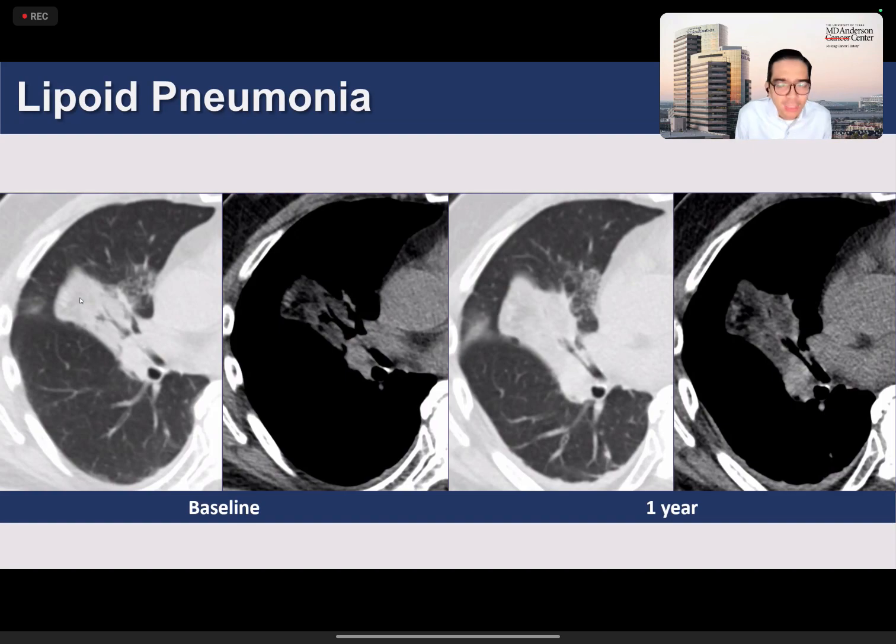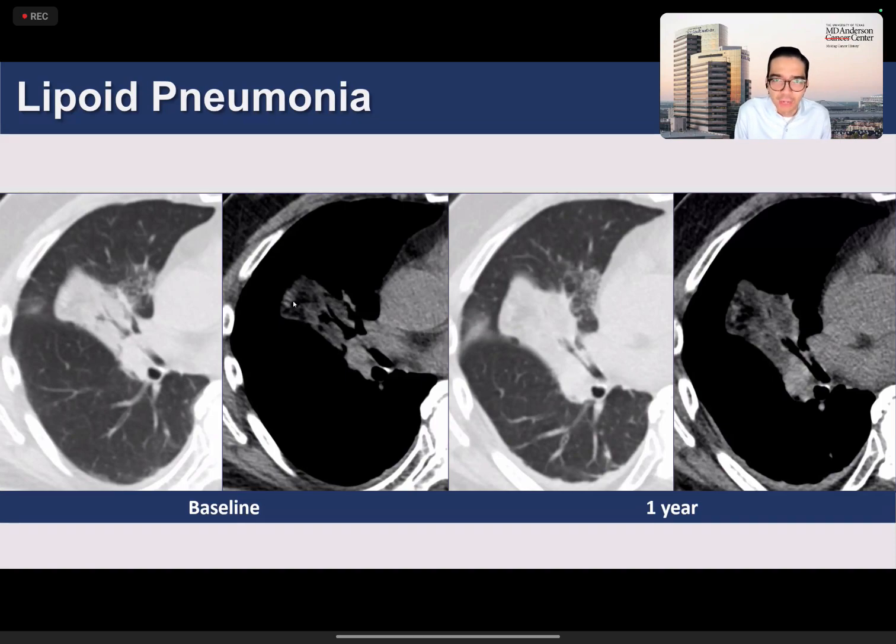Now, one important caveat here is it has to be a dense consolidation if you're trying to find the macroscopic fat. If it's ground glass opacity, you can't put it on soft tissue windows to look for that fat, because the ground glass opacity will average with the lung, and it will give you something that looks like this, but it's not actually fat.